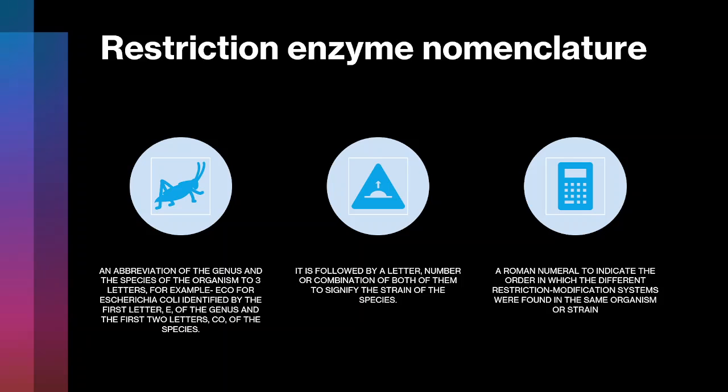For example, EcoRI for Escherichia coli, identified by the first letter E of the genus and the first two letters co of the species. It is followed by a letter, number, or combination of both to signify the strain of the species, and a Roman numeral to indicate the order in which the different restriction modification systems were found in the same organism or strain.